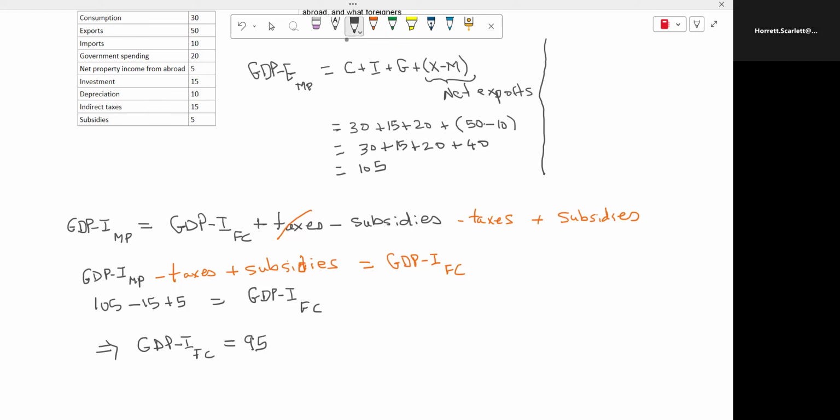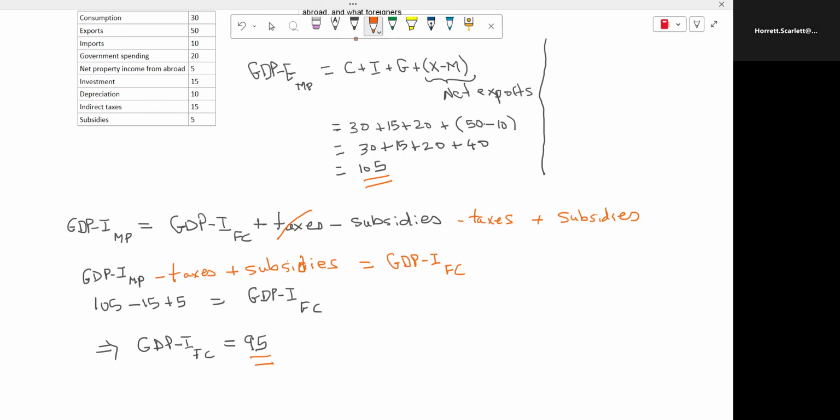So the question that you should be asking is, if output is equal to input, is equal to expenditure, then why is this different? Why is this value here, the 95, different from this value here? And this leads to what we were talking about earlier. We're talking about the fact that we need to make conversions between the factor cost and the market price.